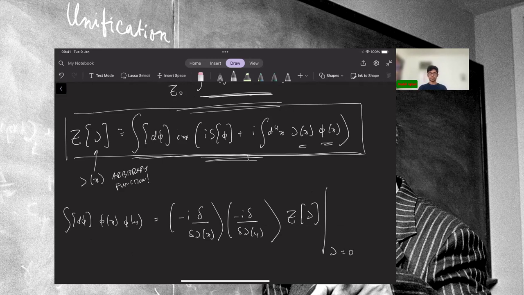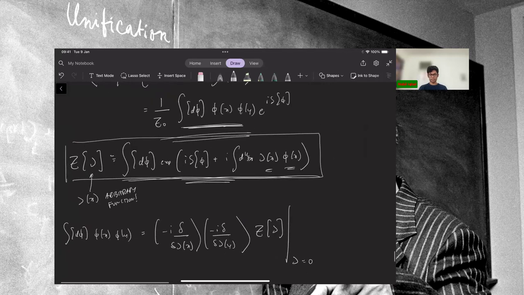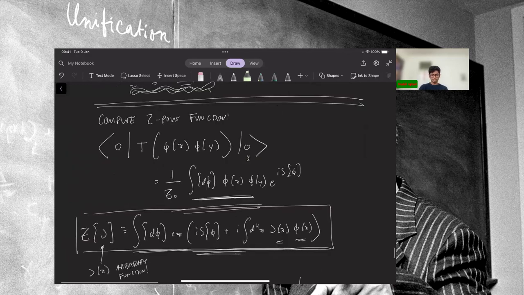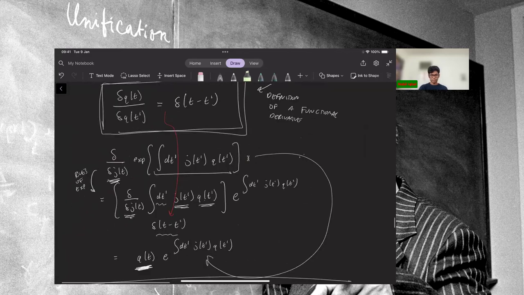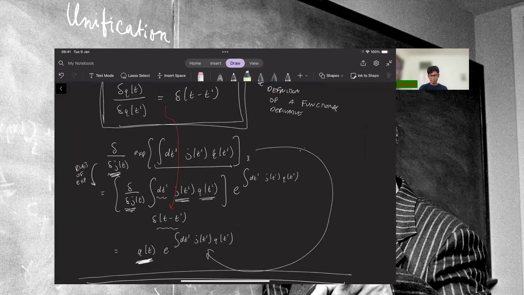Okay. So let's take a second and stare at what's happening here. Remember what functional derivatives do: if I use them on something in the exponent, we already saw, I'll just scroll up for a second. We saw that they bring down the thing that they're multiplying.